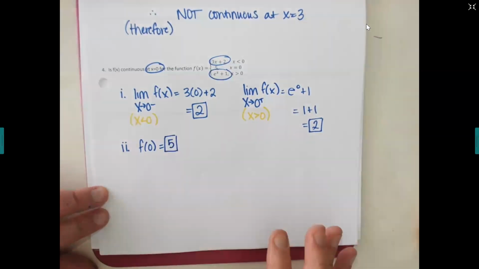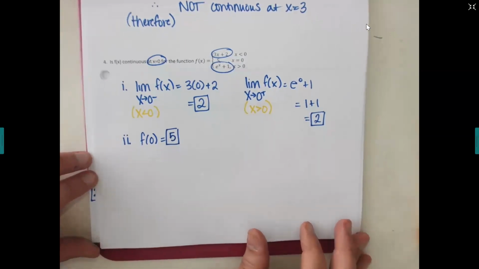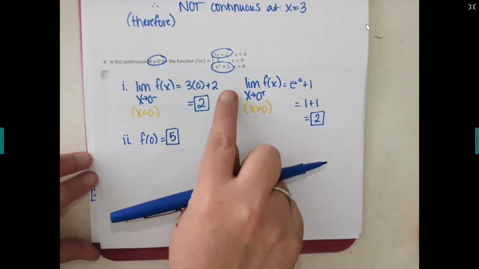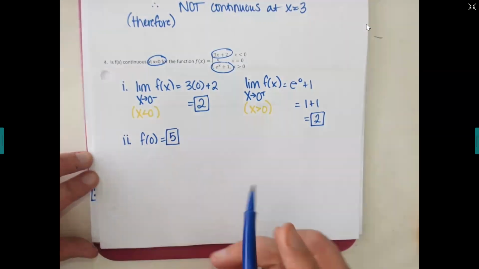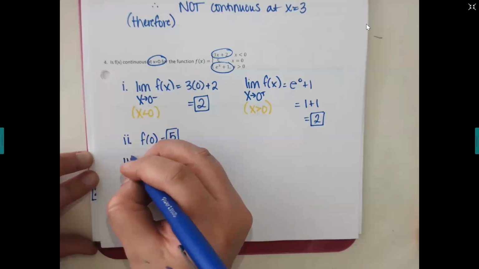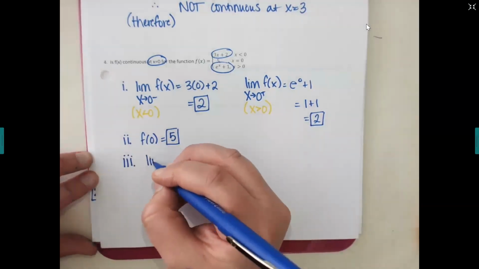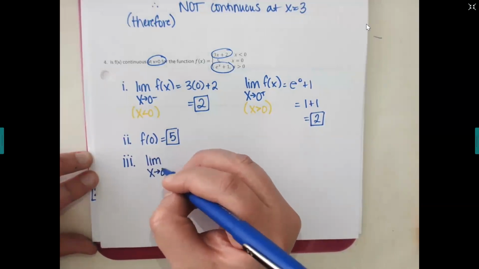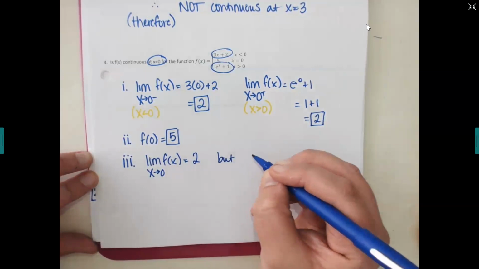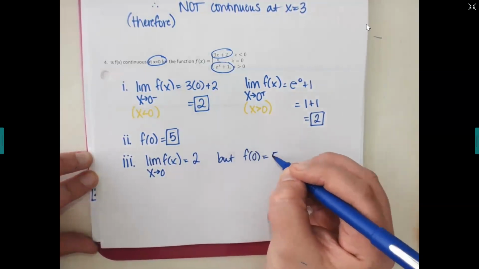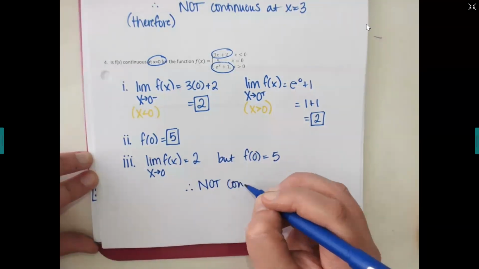Yes, I got 5, so condition number 2 is met. In condition number 3, what had to be true about those? They had to be the same, and are they? No. So in condition number 3, you still have to state it, but you would say basically that your limit came out to be 2, but your y value came out to be 5. Therefore, not continuous.